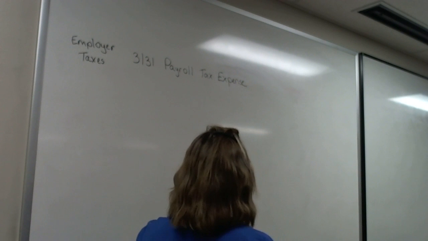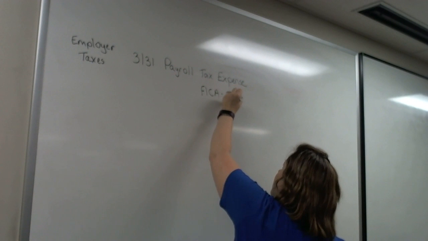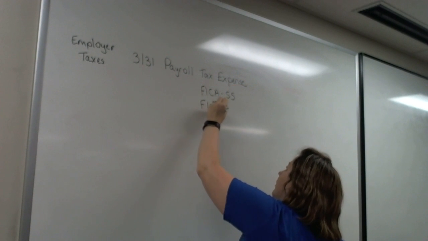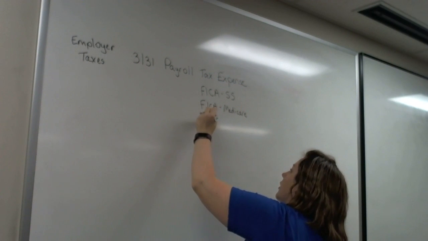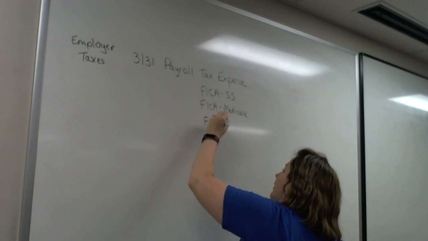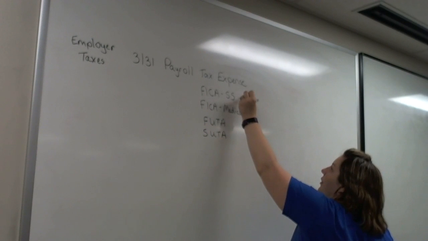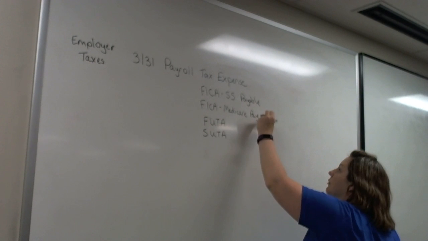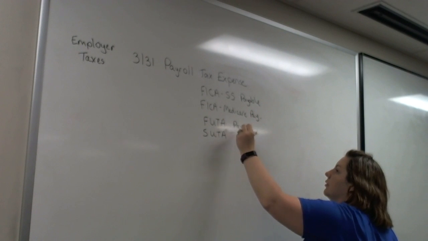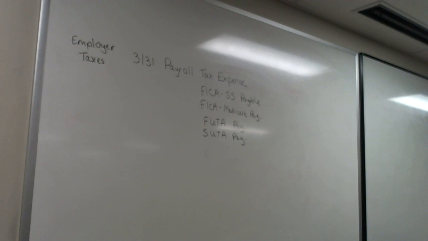And from that, they're going to have FICA Social Security, FICA Medicare, and then federal unemployment, and state unemployment. And these are all payable accounts, hence the current liability. So that's the structure of your journal entry for the employer payroll taxes.